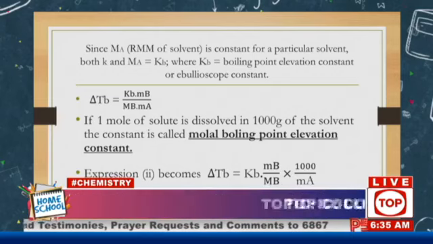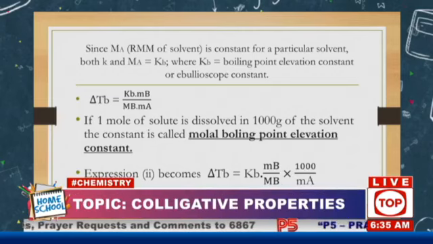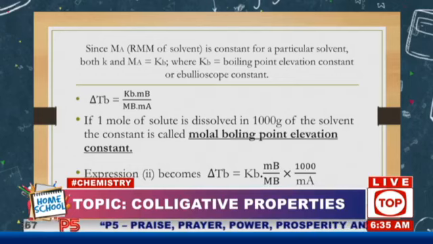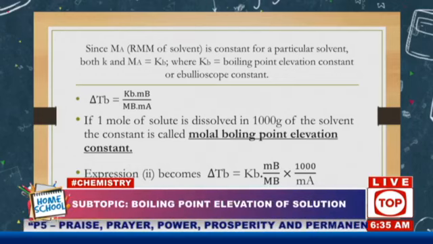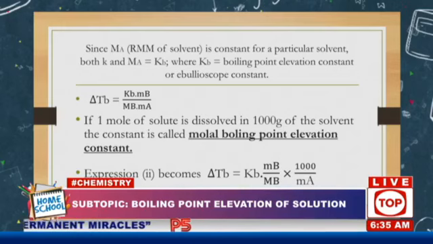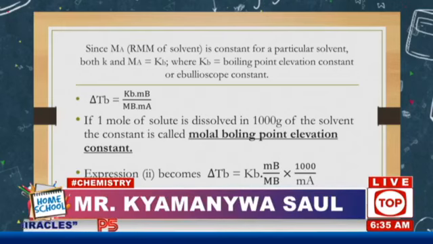So we come up with this expression: KB times MB times 1000 divided by the relative molecular mass of the solute times the mass of the solvent. That's what we come up with.